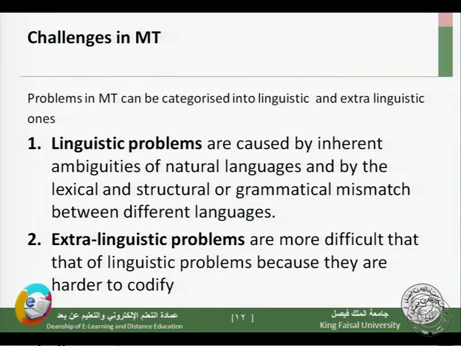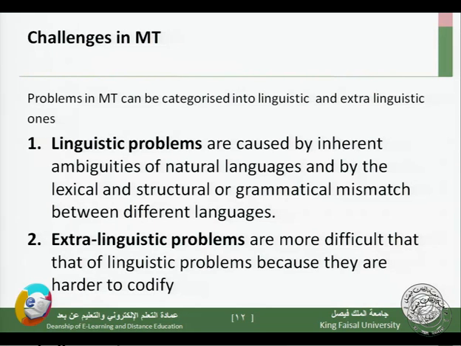Now, there are two types of problems machine translation has to solve for us. Linguistic problems, which are caused by inherent ambiguities of natural languages. That's what I'm saying. Natural language has its own linguistic ambiguities, especially in lexical structure and grammatical aspects of the language.